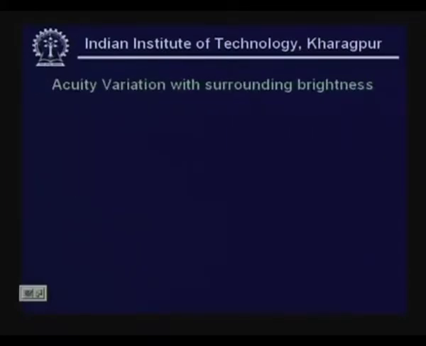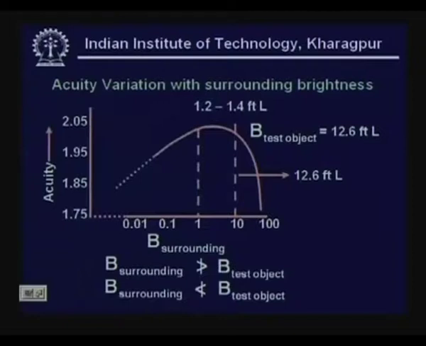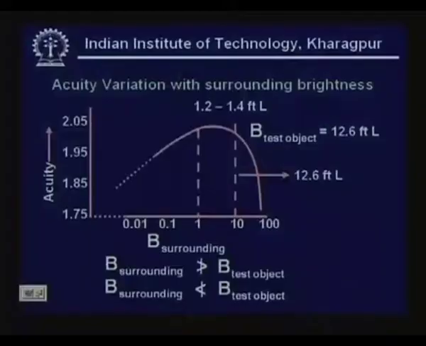Further, acuity also depends on the surrounding brightness. This is how your contrast comes into picture. Again, here acuity is drawn along the vertical axis, and we find that the maxima in this curve is seen to be around 1.2 to 1.4 foot lambert.